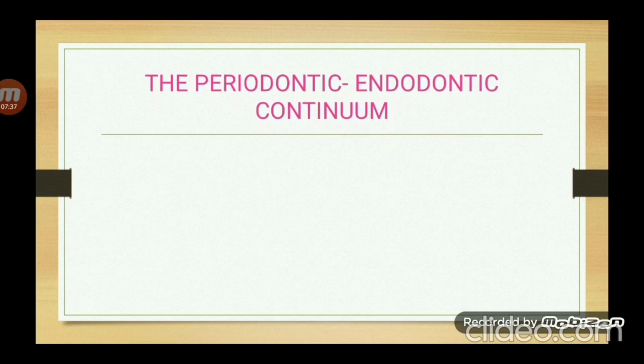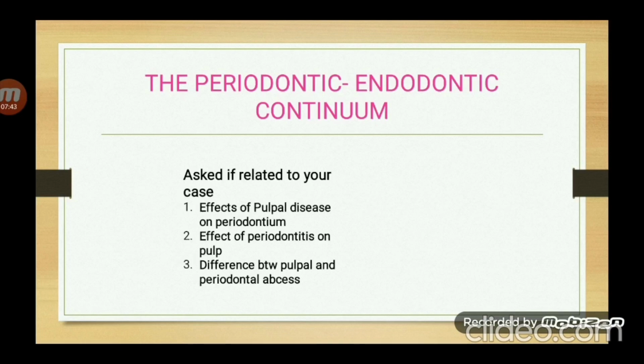Then the periodontic-endodontic continuum, which is the last topic of this phase 1 therapy. If your case is such, then it will be asked. So you should know about the effects of pulpal disease on periodontium and also about the effect of periodontitis on the pulp, both ways.